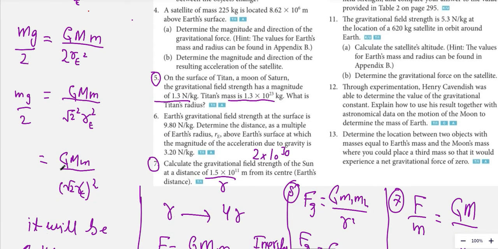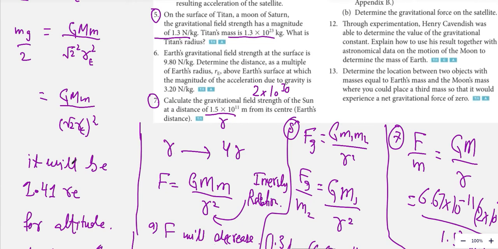So this is the factor of R_E by which R_E will increase. Under root 2 is equal to 1.41.